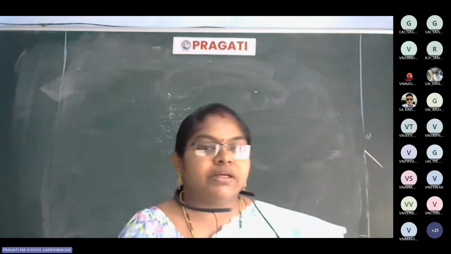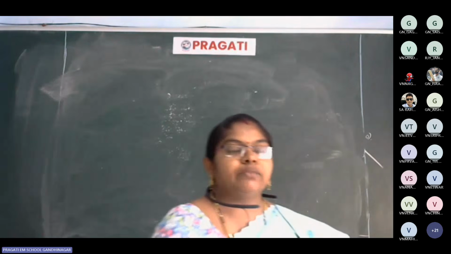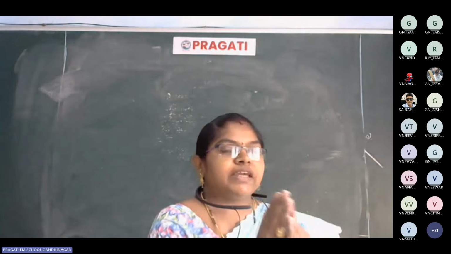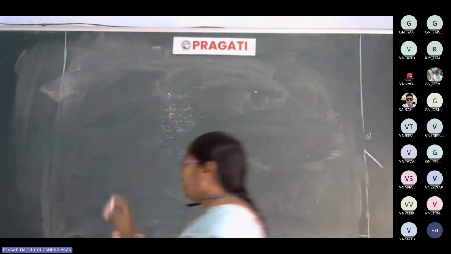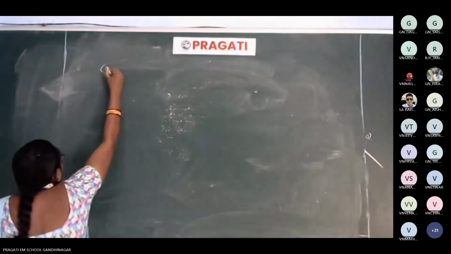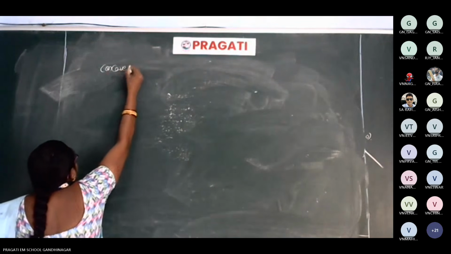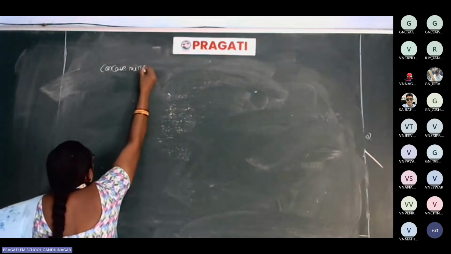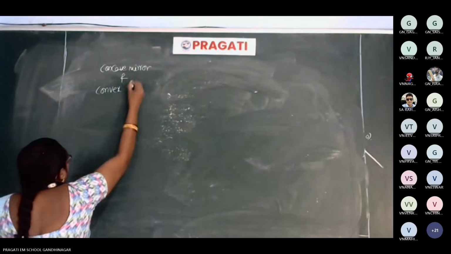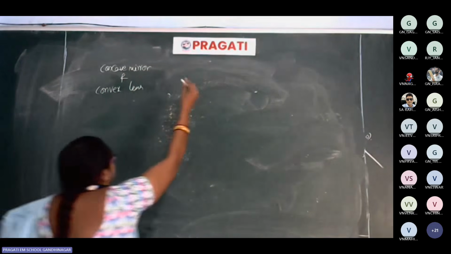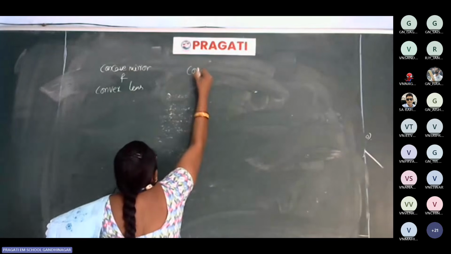In the mirrors ray diagrams, we have 6 cases in the concave mirror and convex lens. And this is a convex mirror.